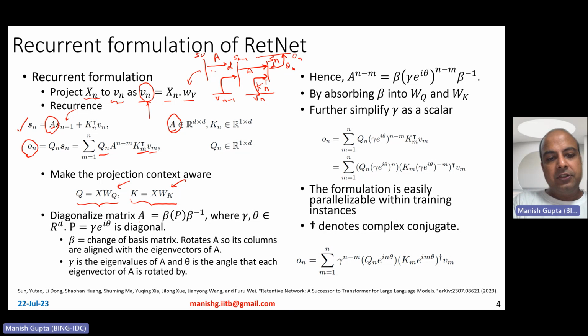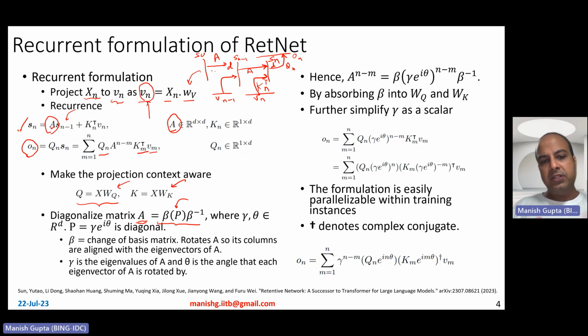Rather than having too many parameters in A, what you want to do is to diagonalize A. Diagonalization of a matrix means finding 3 factors of the matrix, beta, P, and beta inverse, such that when you multiply them, you get A back. And this matrix P is a diagonal matrix. All of its non-diagonal elements are 0. Only the diagonal elements are non-zero.